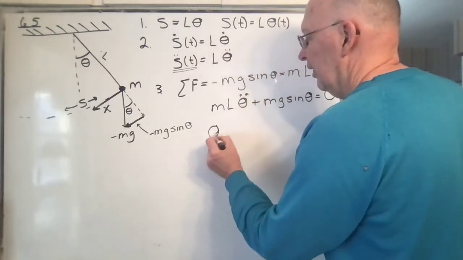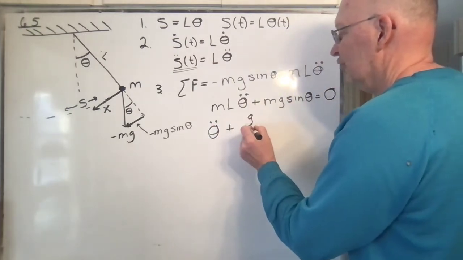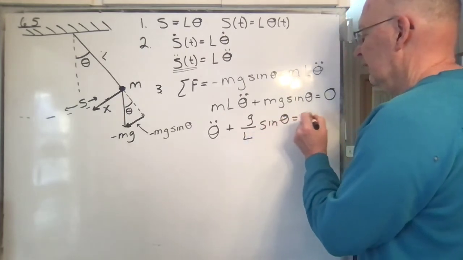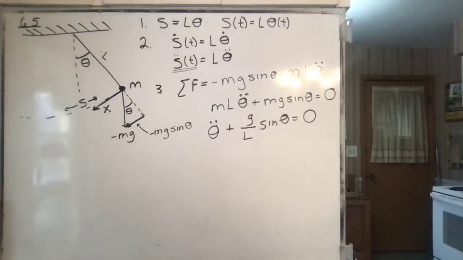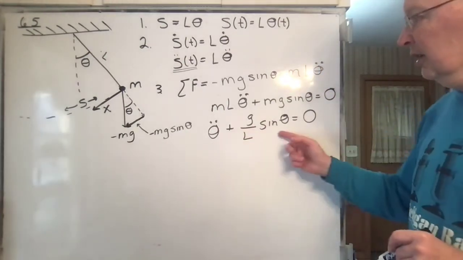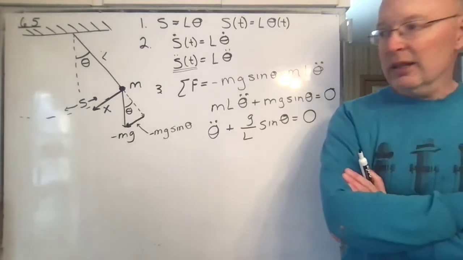So we get theta double prime plus, the m's cancel, g over L sine of theta is equal to 0. So what do we have here? Do you agree? It's a second order differential equation. Is it linear?